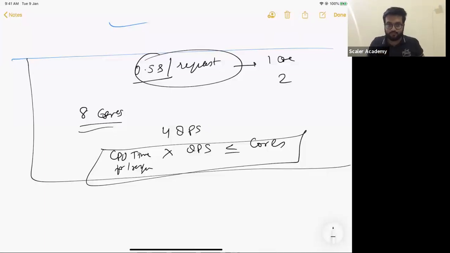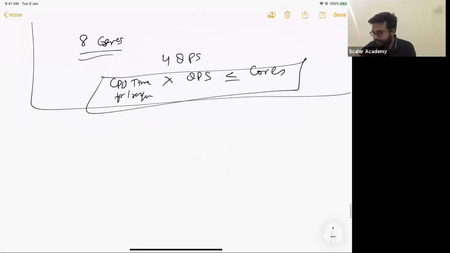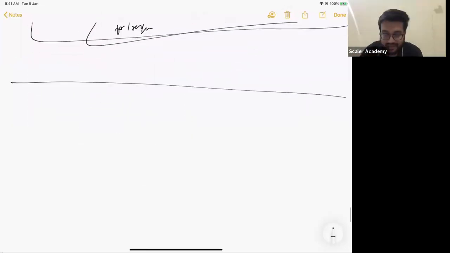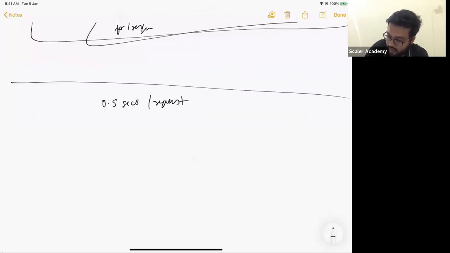Okay. Yeah, I'm repeating. Everybody, please pay attention here. Let's assume you have a service which takes 0.5 seconds per request, 0.5 seconds of CPU time. Does it make sense, folks?